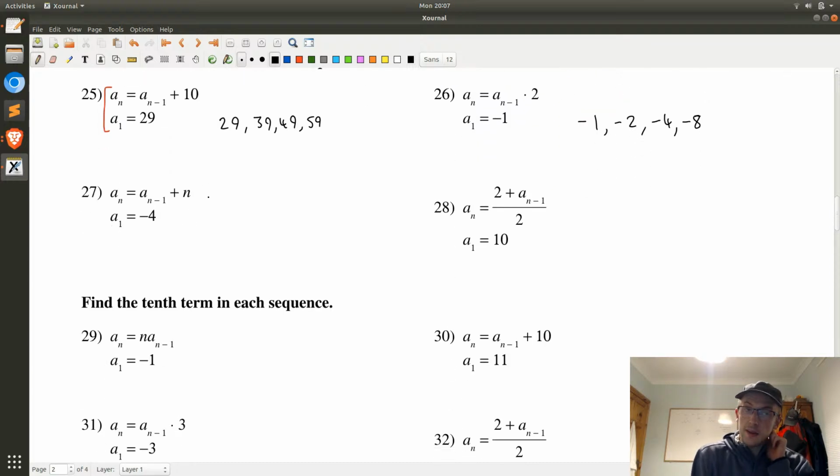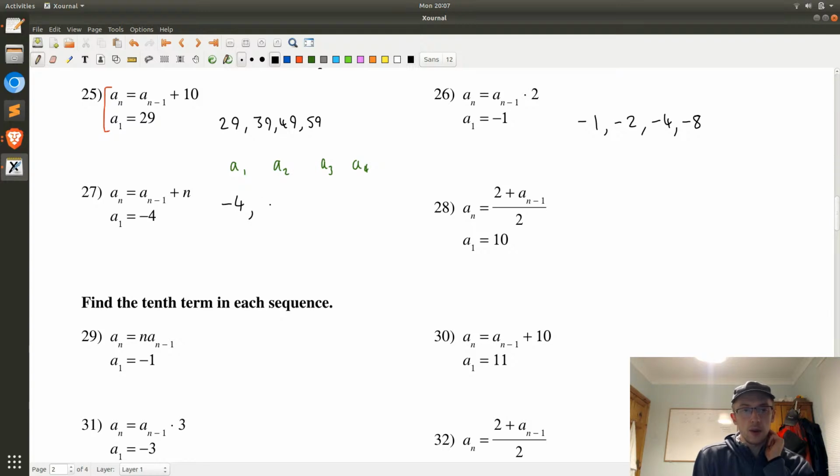And here is a kind of a more exotic rule. The only way to see what it looks like is to just run the rules. So it starts with -4. And to help yourself, you can put A1 over there, A2 over there, A3 there, and A4 there, and that's fine. Now, how to get A2? To the previous term here, you have to add 2.